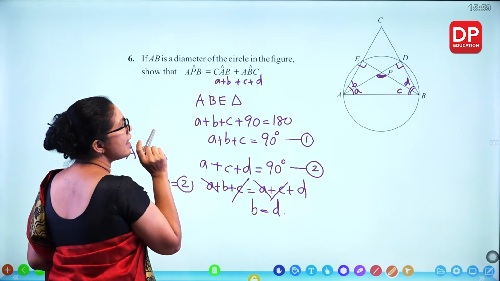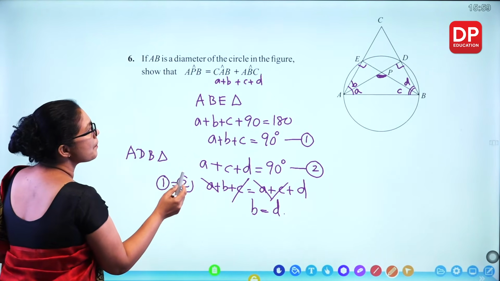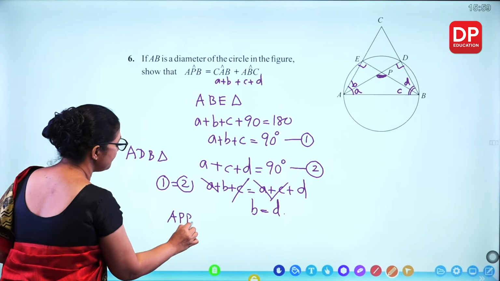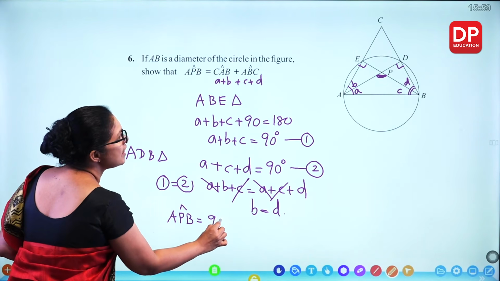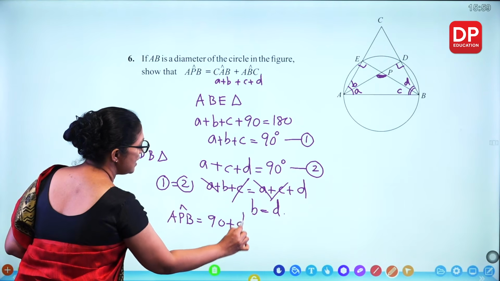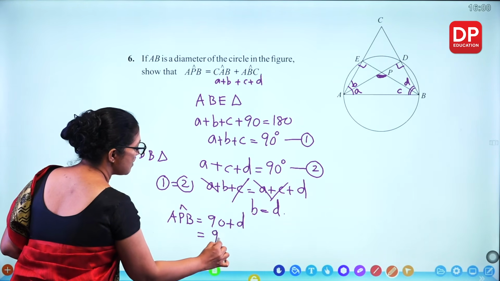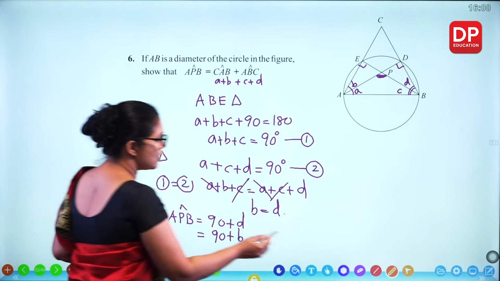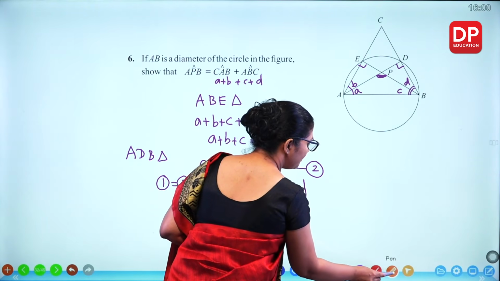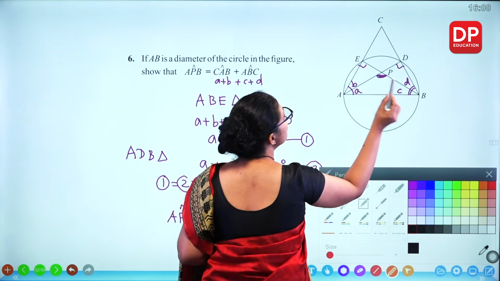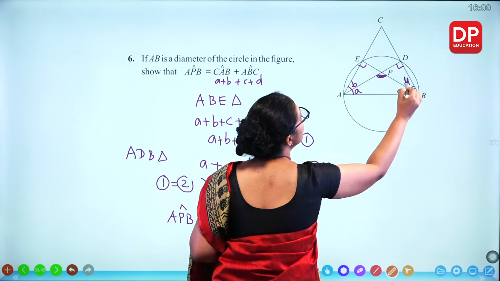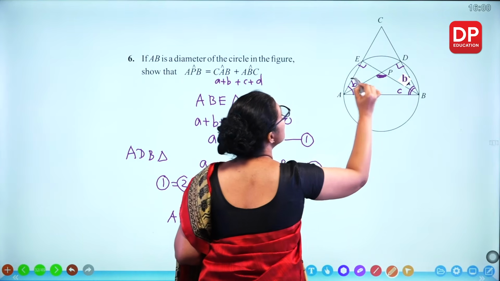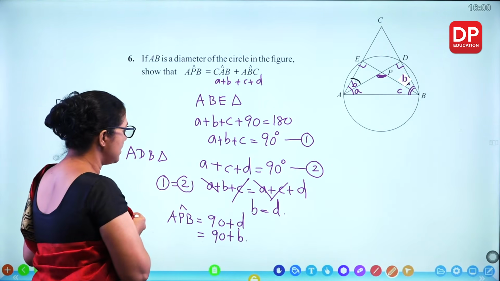So we'll write it down. APB angle is equal to 90 plus D, or we can write 90 plus B. I'll change this one to B now. This is also B, because this angle is equal to this angle.